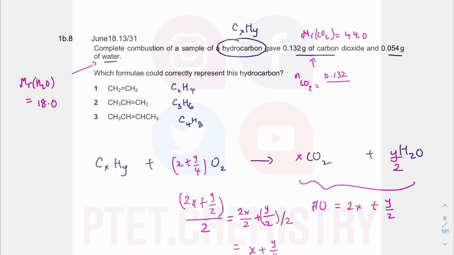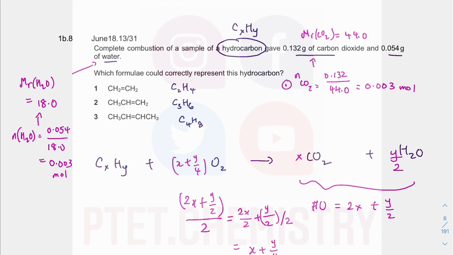So mole of CO2 is mass over the Mr, 0.132 divided by 44. I get 0.003 mole. And then the mole of the H2O water product, I get 0.054 gram divided by 18.0, and I get the same value, 0.003 mole.